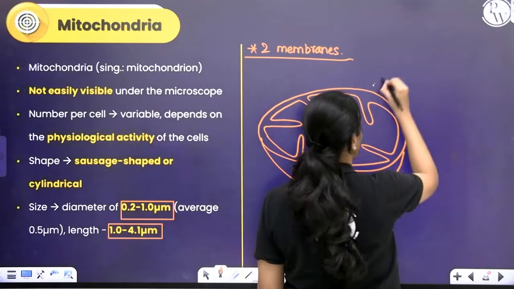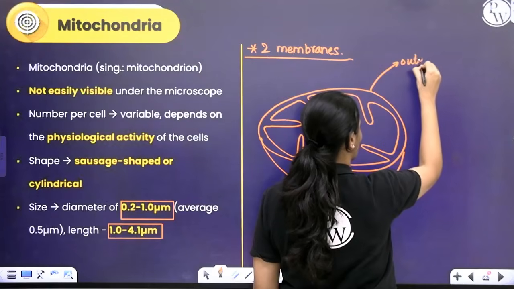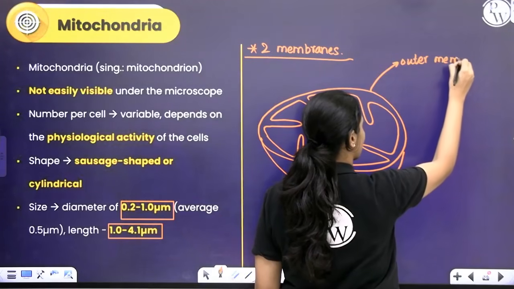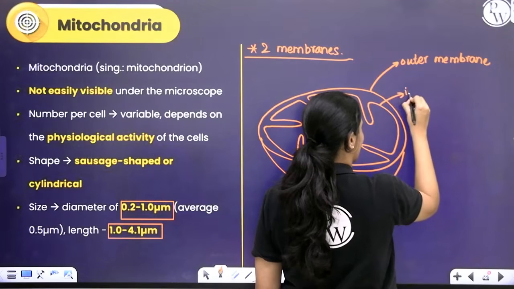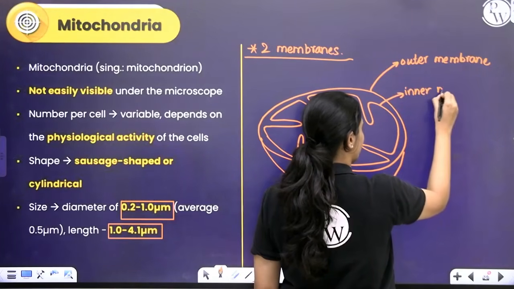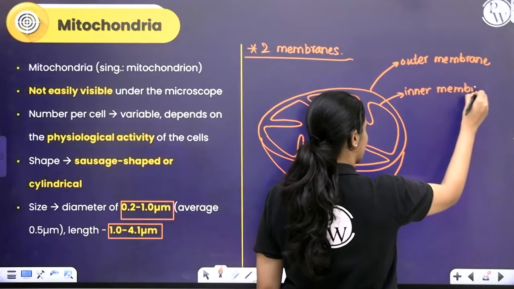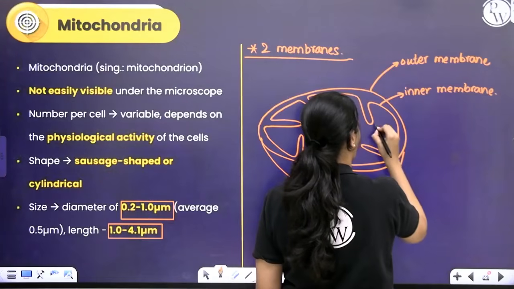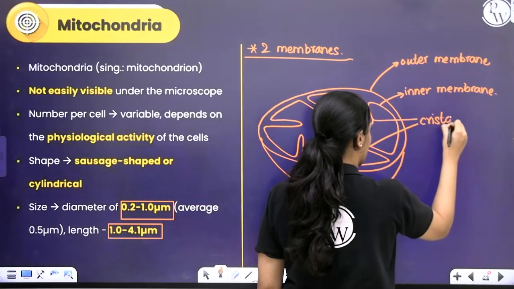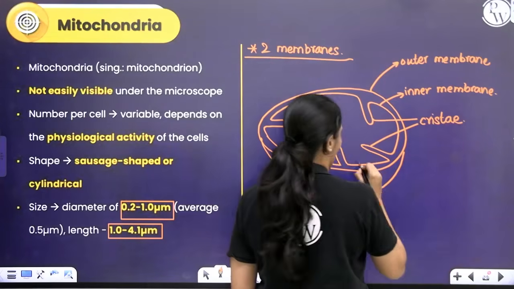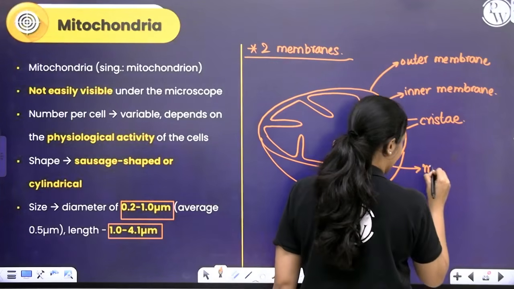Let's label it. This is the outer membrane, which is smooth. Inner membrane has infoldings that are called cristae. Within the inner membrane, you have the matrix.